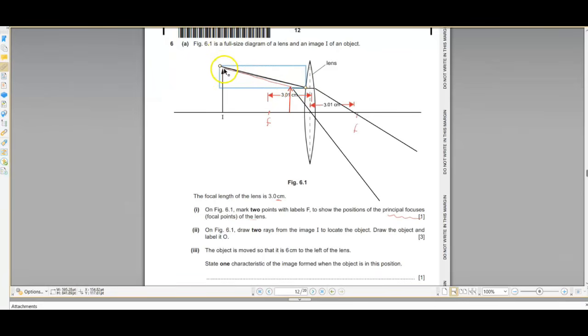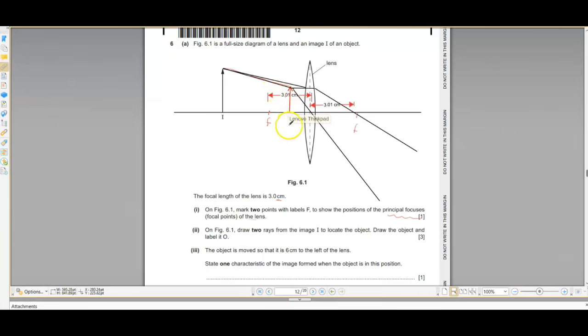And another line we can make from this point. ठीक है, and it's going to meet where the image is. So you can draw it like this if your drawing is very good, and you can do it without making the object over here.